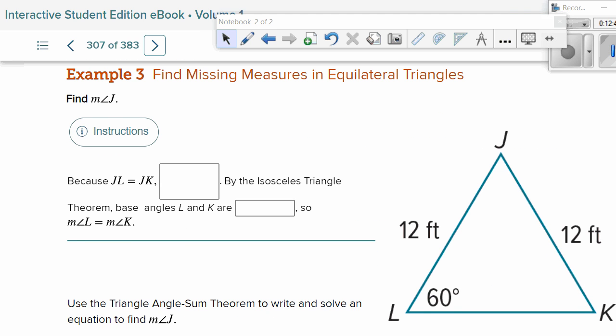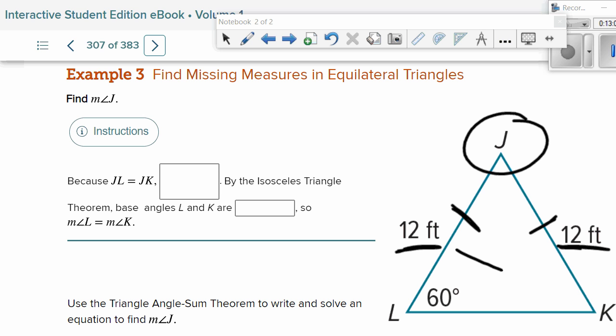They want me to find angle J up here. They've given me that this side and this side are 12. Going back to what we just did, if these sides are equal, then it's isosceles, which means that the opposite angles are going to be equal. So this angle has to be 60 degrees also.